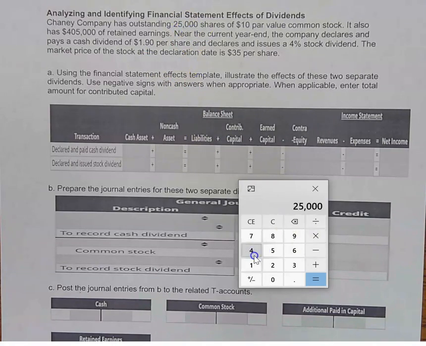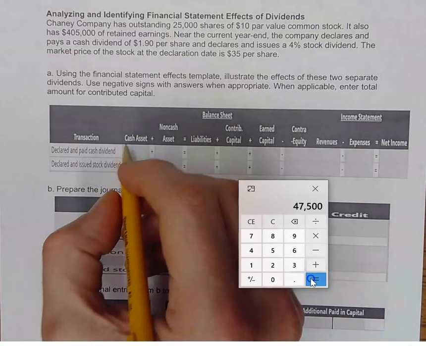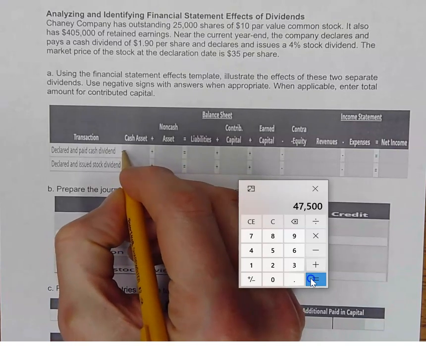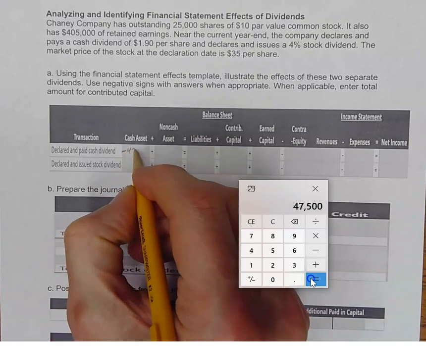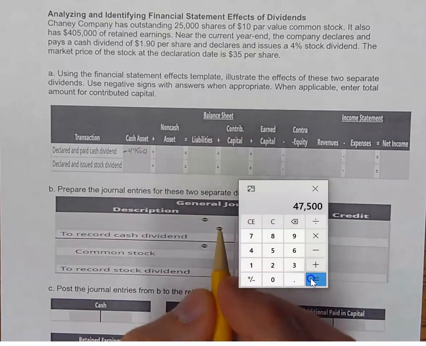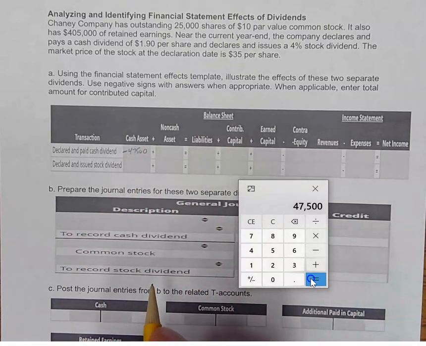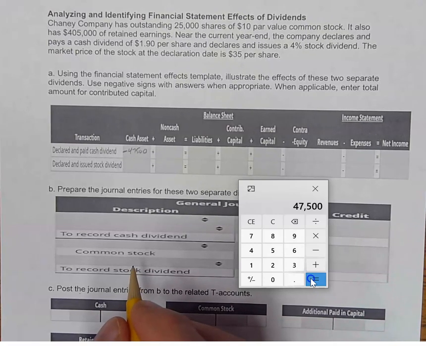We need to multiply the 25,000 shares outstanding by $1.90, and that's going to give us $47,500. The cash asset here is going down by $47,500. We paid it, and therefore cash is going down.